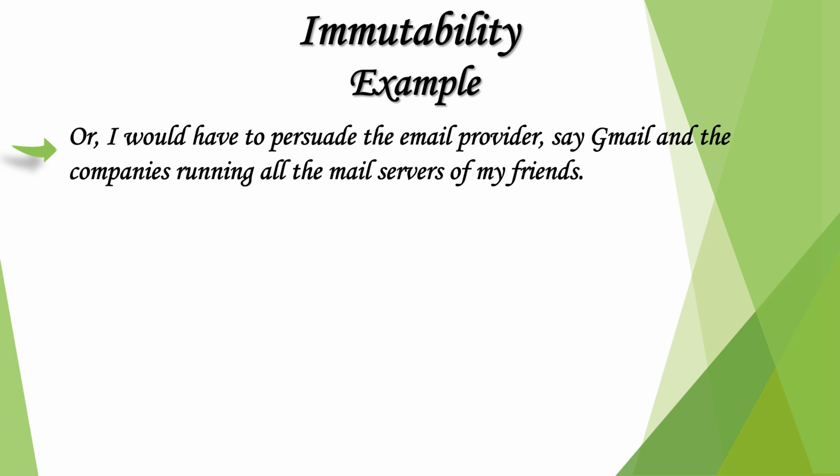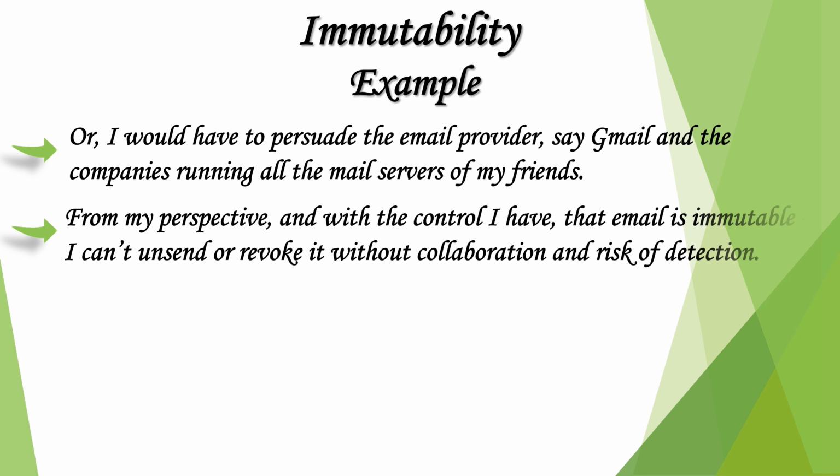Or, I would have to persuade the email provider, say Gmail, and the companies running all the mail servers of my friends. From my perspective, and with the control I have, that email is immutable. I can't unsend or revoke it without collaboration and risk of detection.